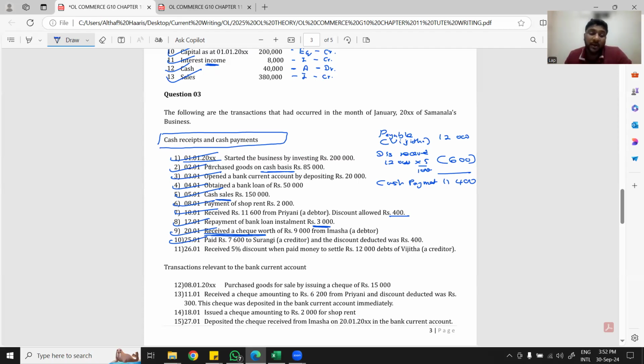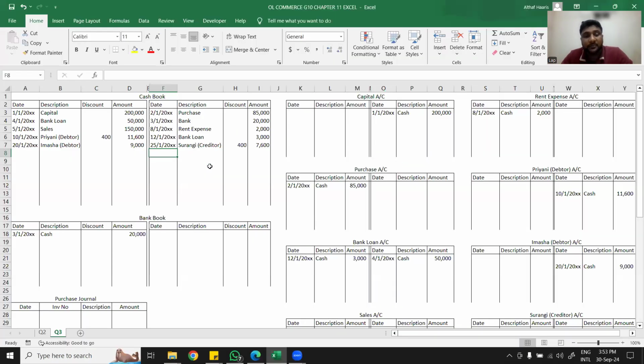Okay, now let's record it. Cash decrease in credit, liability decrease in debit. Vijita debit, cash credit. 26 January 20XX. Vijita credit 600.